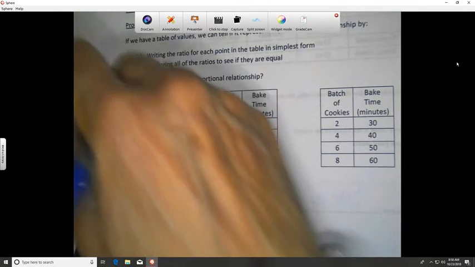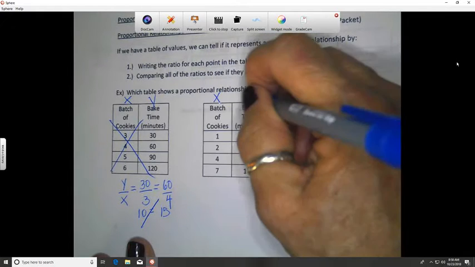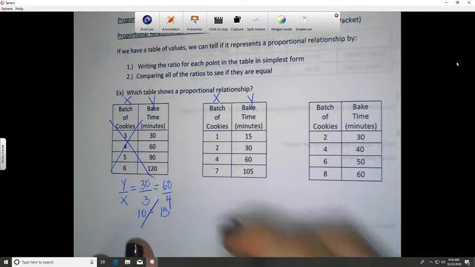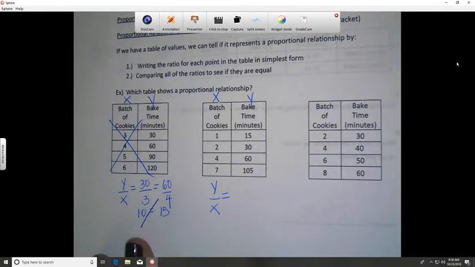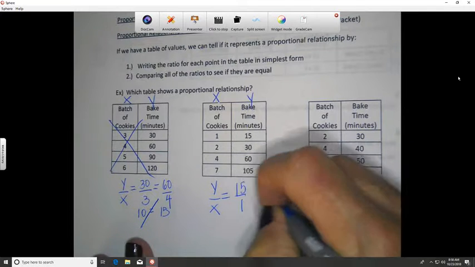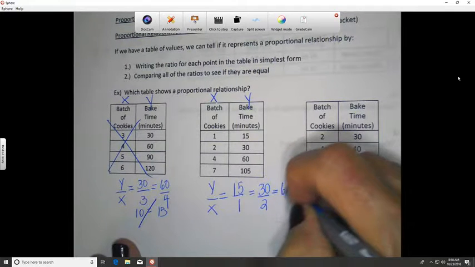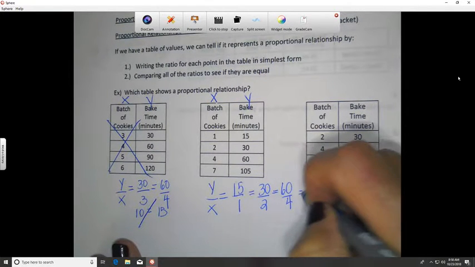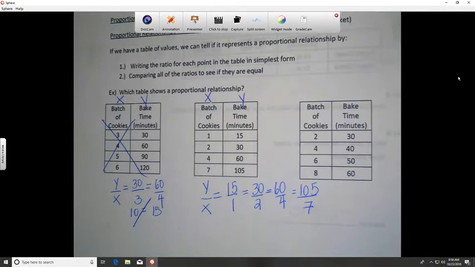Try the next one. Label X, Y, pull out Y over X and write your ratios. Ah, that's a nice one. Okay, divide each of those and see if you come out with the same number.